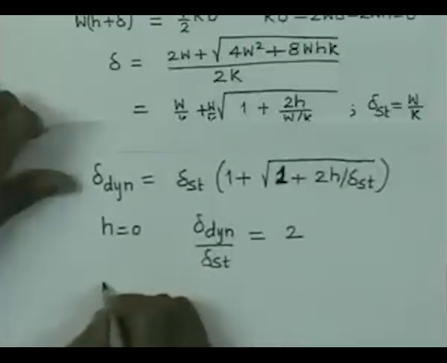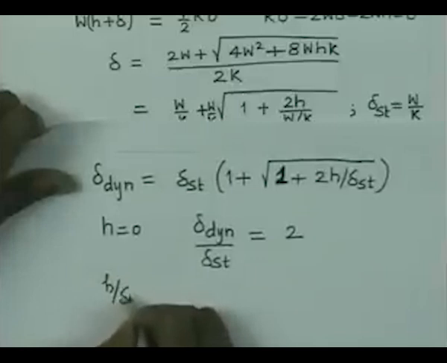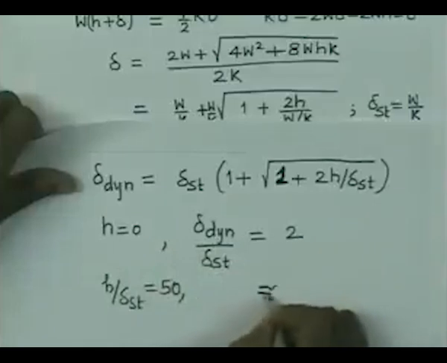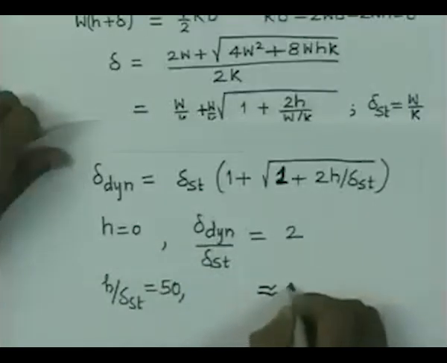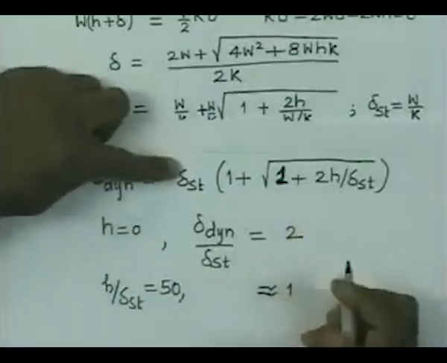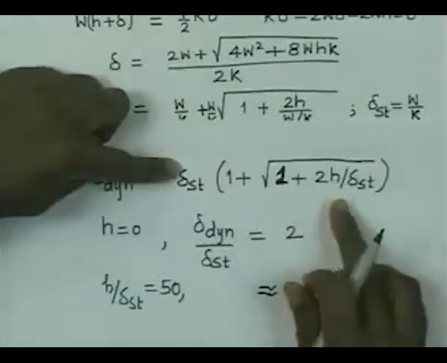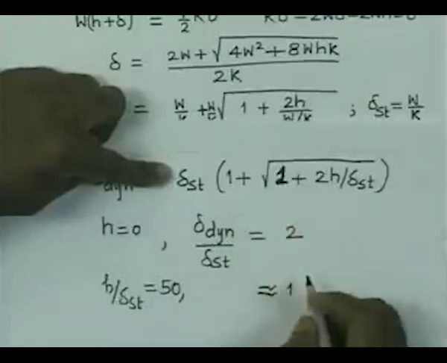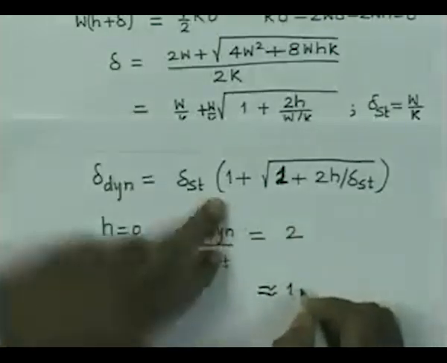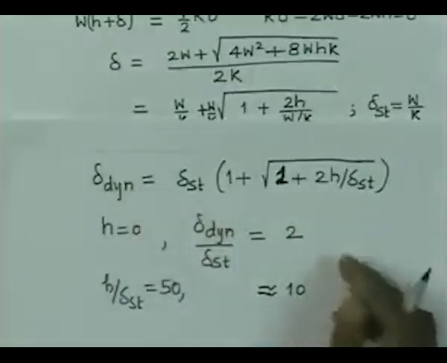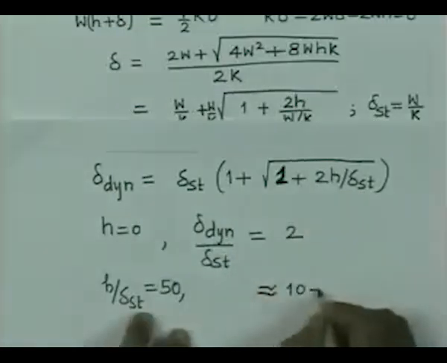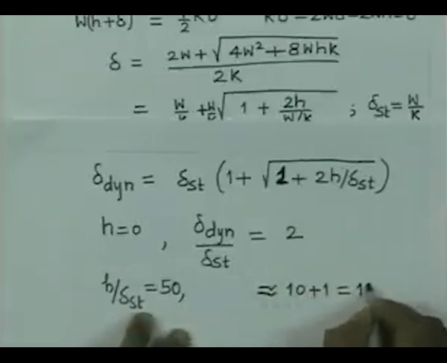When h by delta static is, let us say, 50, then this ratio is going to be almost equal to 10 plus 1, so it is 11.